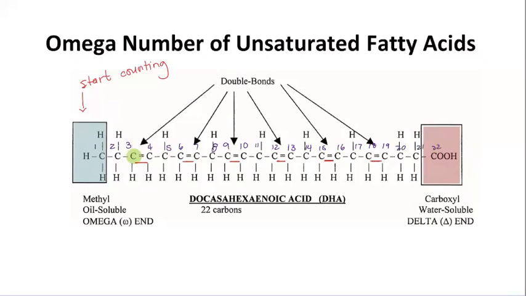So when we start counting from the CH3 end, then we say, hey, DHA is going to be an omega-3, omega-6, omega-9, omega-12, omega-15, omega-18 unsaturated fatty acid.